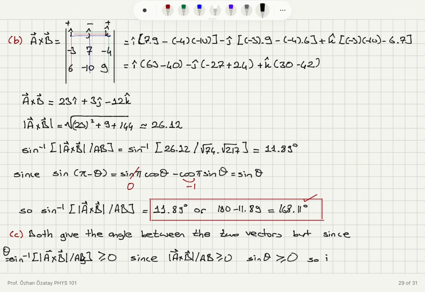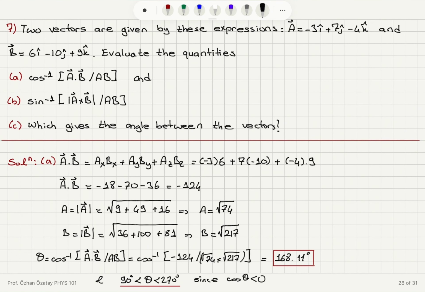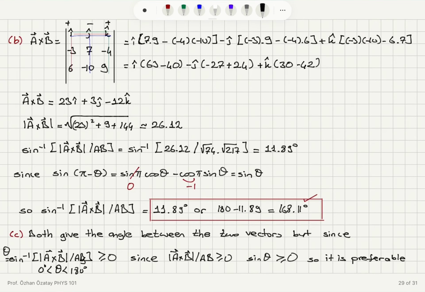So it is preferable, and that's why we have this ambiguity about this angle. This is basically telling us that theta is in between 0 and 180 degrees. On the other hand, the other calculation gave us an angle between 90 and 270 degrees for the dot product.